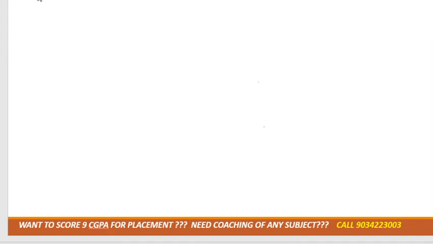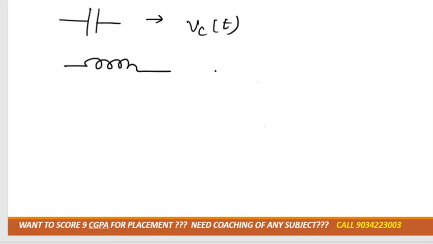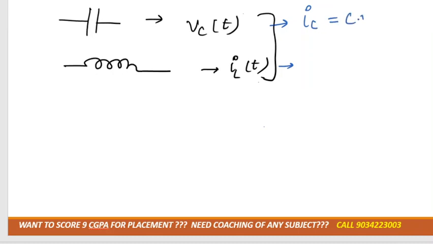Remember I told you this also. Whenever there is a capacitor, they'll generally ask you Vc(t). Whenever we have an inductor, they'll ask you the current through the inductor 90% of the time. But if they ask you the current through the capacitor, then you need to use the formula C dV/dt.